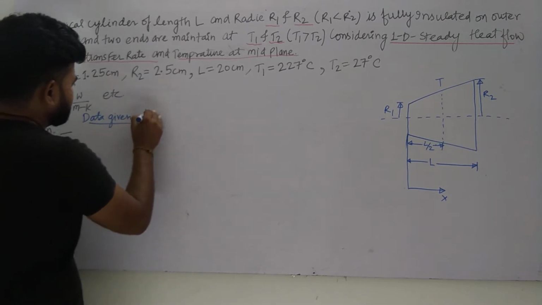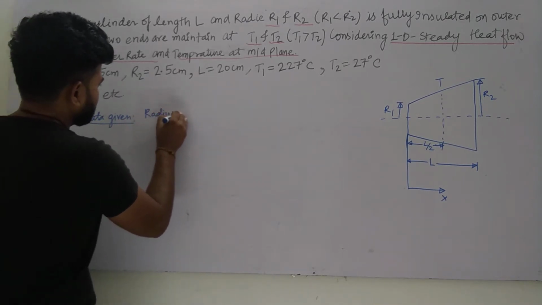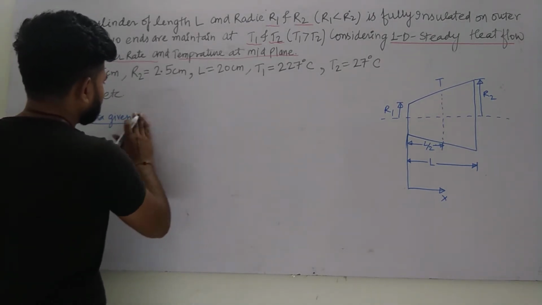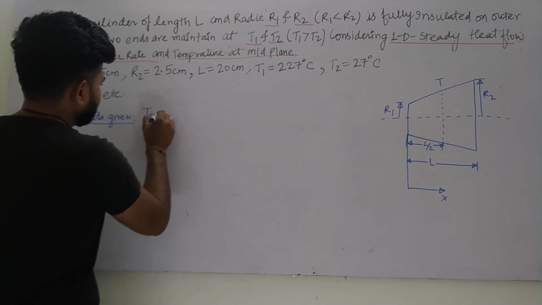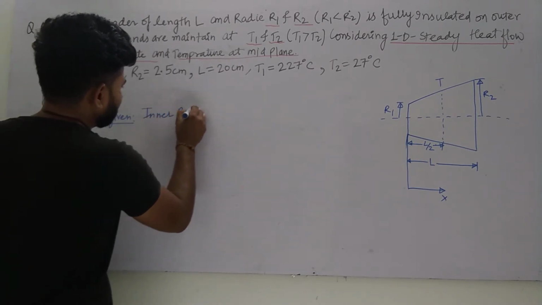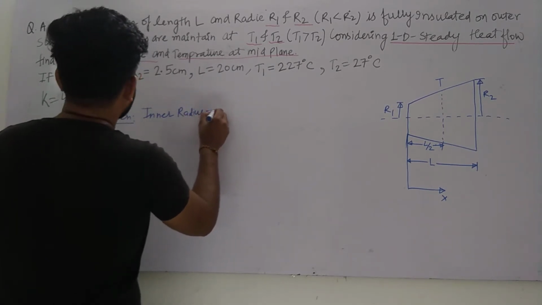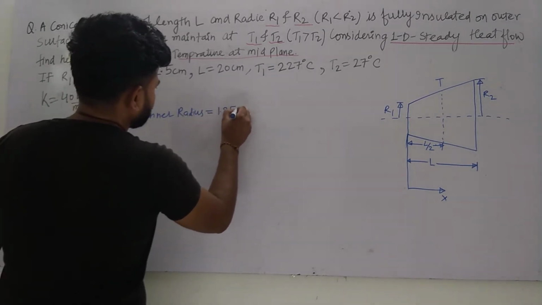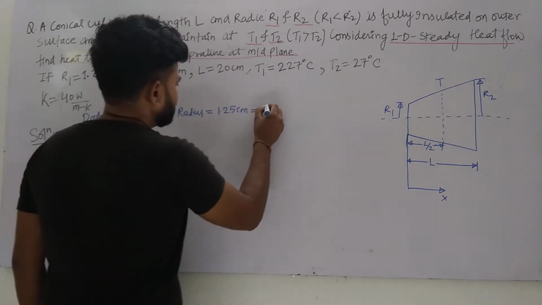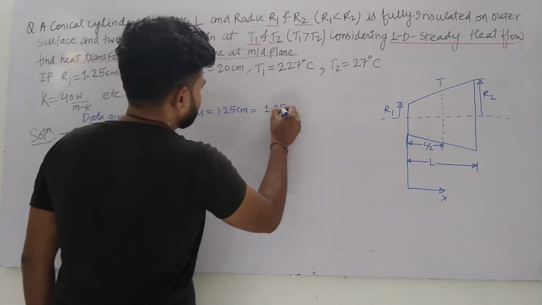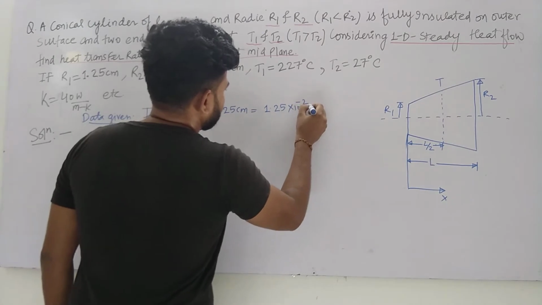your radius, that is your inner radius R1, is equal to 1.25 centimeter. Can I write it in meter? Yes, I have to multiply it by 10 to the power minus 2 meter.